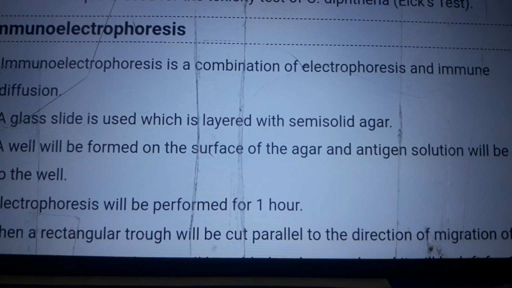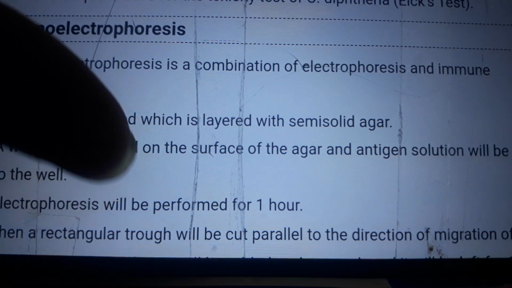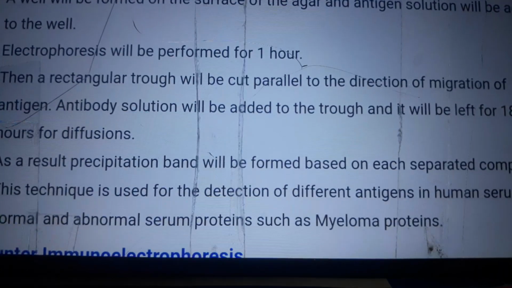Immunoelectrophoresis. Immunoelectrophoresis is a combination of electrophoresis and immunodiffusion. A glass slide is used which is layered with semi-solid agar. A well will be formed on the surface of the agar and antigen solution will be added to the well. Electrophoresis will be performed for 1 hour. Then a rectangular trough will be cut parallel to the direction of migration of antigen.